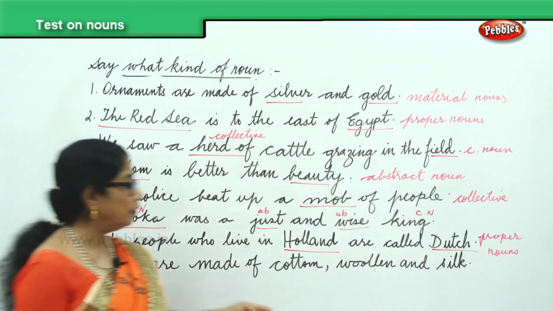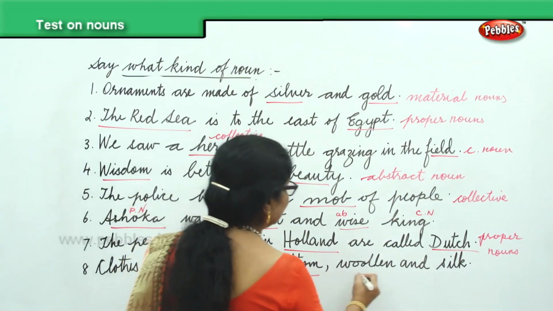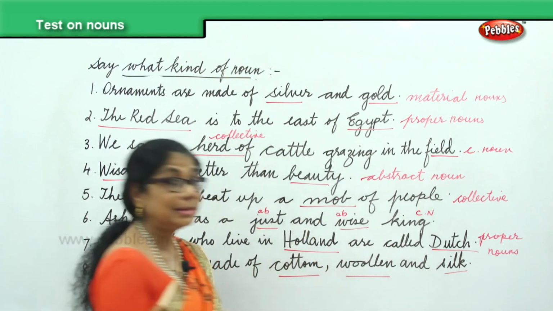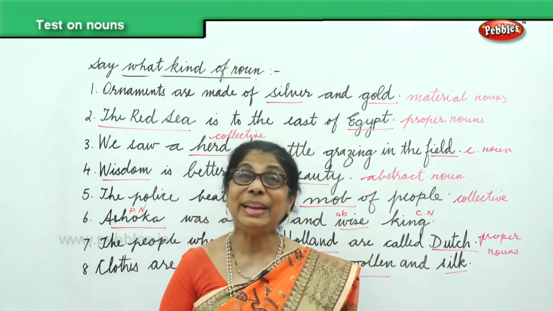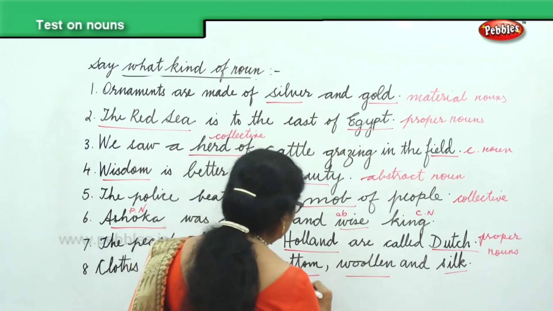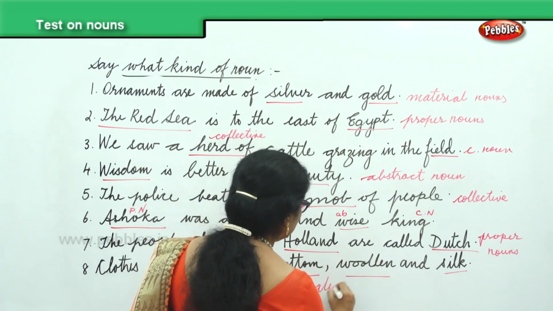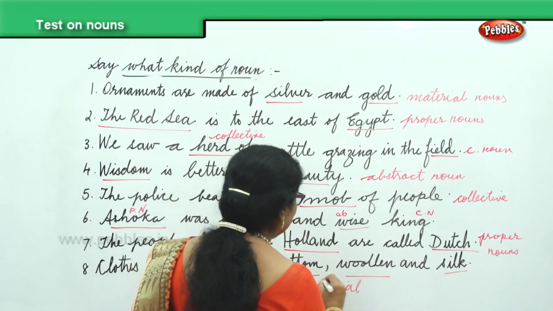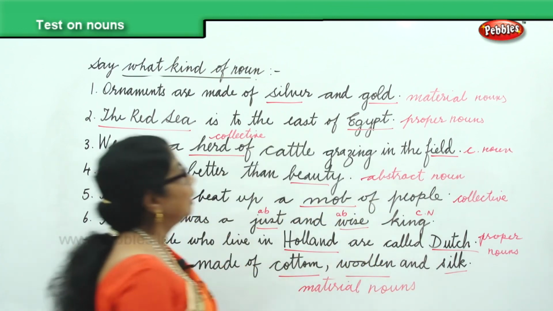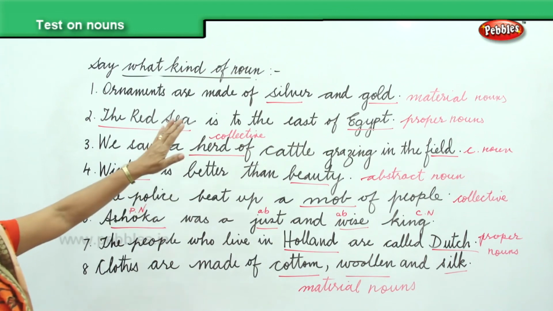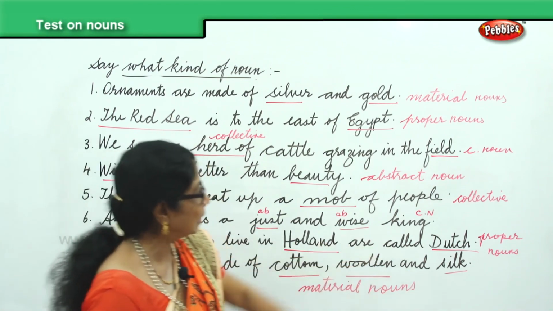Clothes are made of cotton, woolen, silk. All three are material nouns. What are they? Material nouns.